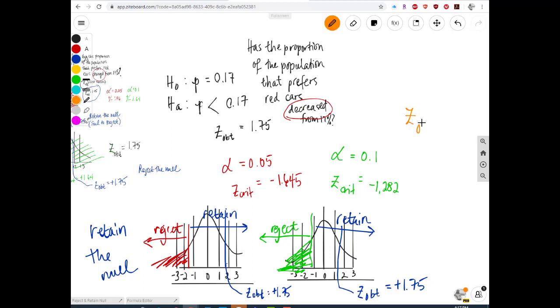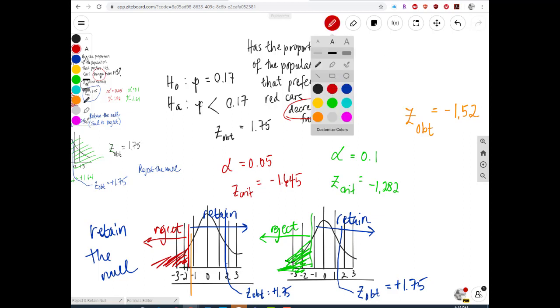I'm going to say my Z obtained, instead of it being 1.75, was negative 1.52. Well, this time I'm going to be here at negative 1.52, that's going to be a little bit more here, right? Because this line right here, the red one, that was my Z crit.